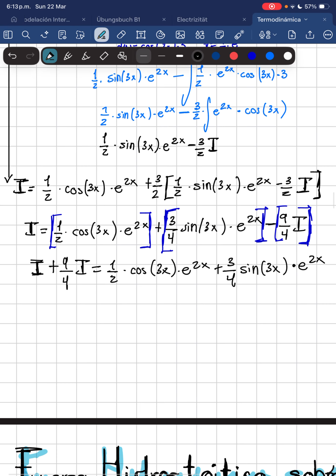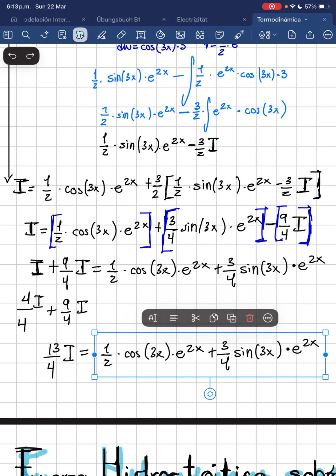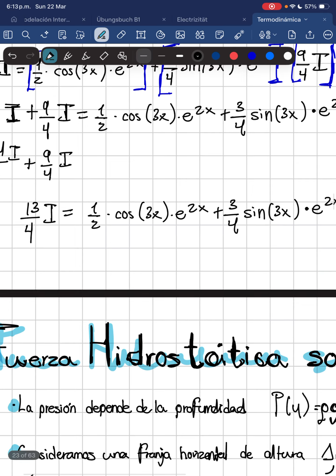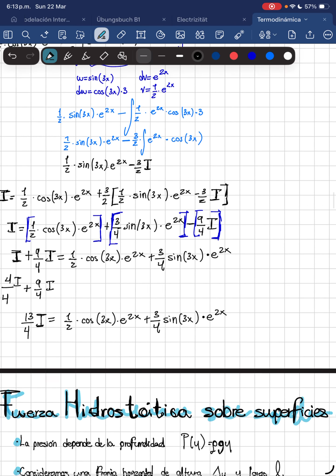Once we got here, we just gonna make a quick fraction sum, which is 13/4 I equals all of these. I'm just gonna copy it and paste it, and now we just gotta solve for I.